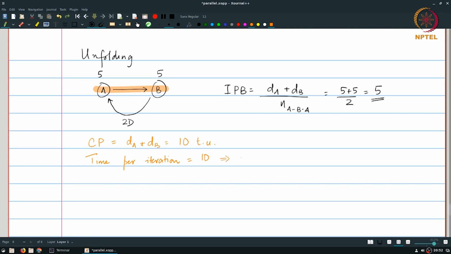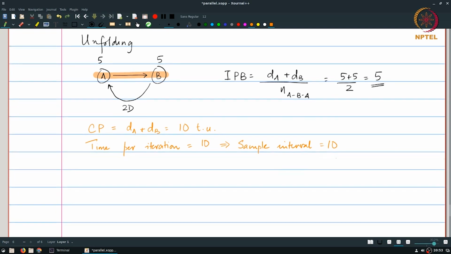Which means that the sample interval is also going to be 10 time units. Whereas I would like it to be 5 time units, which is the theoretical best that I can do for this system. The question, of course, is how do I get to that?